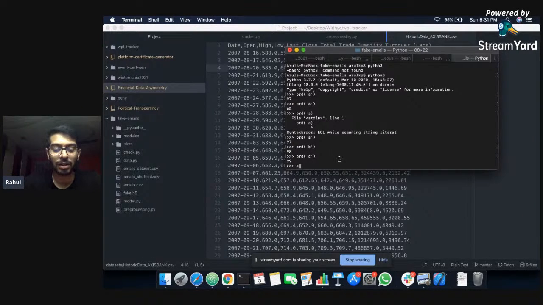So in case I have an account like abc at gmail.com, let's say, this is basically a fake ID. But when we're dealing with such data, one thing we need to ensure is that when we're passing this as an input, the input is in the form of numerals to get the machine learning model to function.